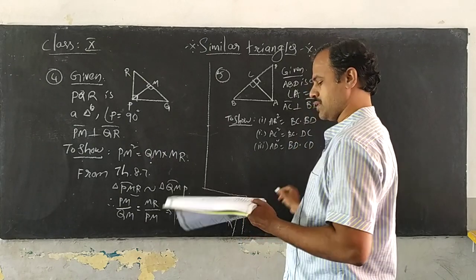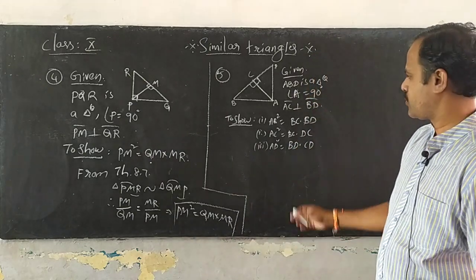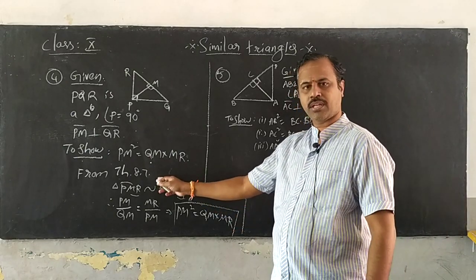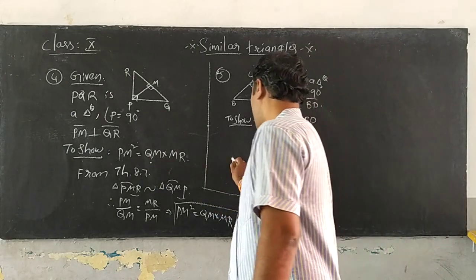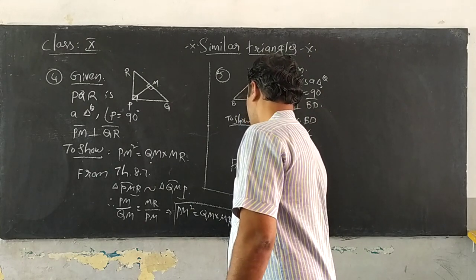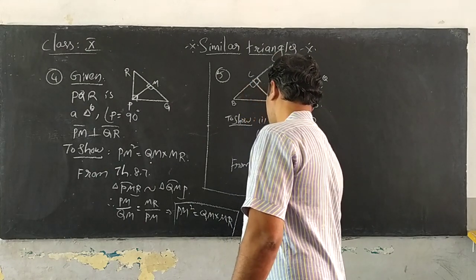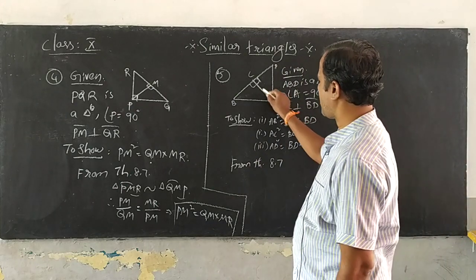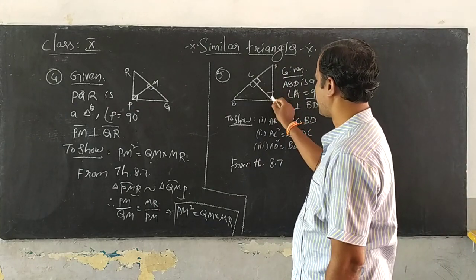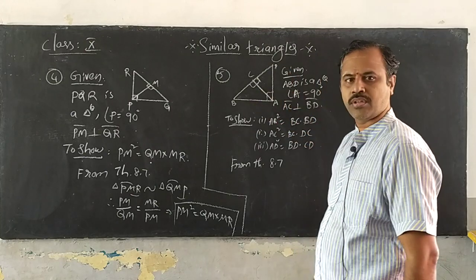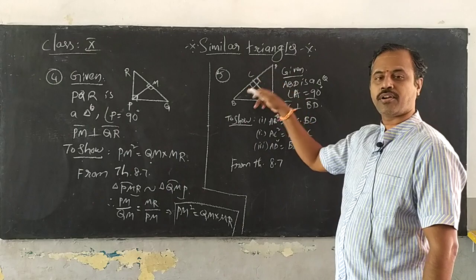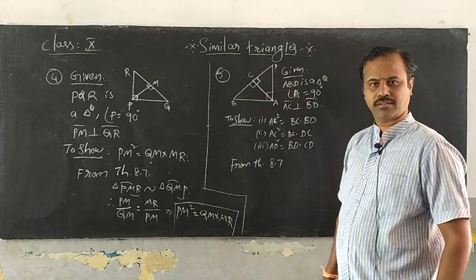So, we want to prove these 3. It's very, very simple. Same theorem 8.7. A perpendicular drawn from the right angle vertex to the hypotenuse will divide it into 2 triangles which are similar to each other and also similar to the whole triangle.